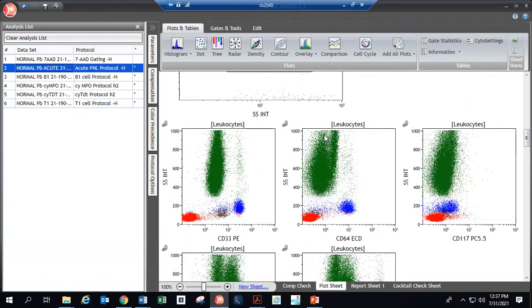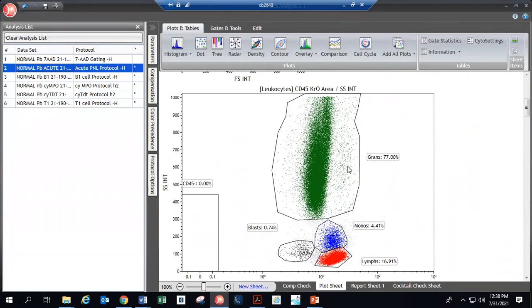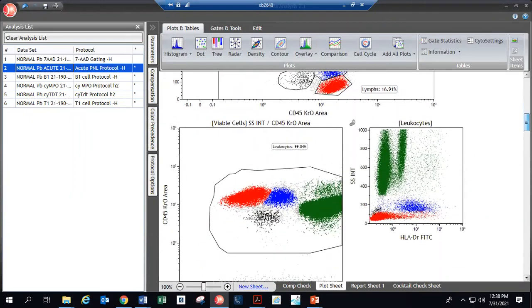But some neutrophils having this kind of variable expression of side scatter is a normal pattern that you see, and you always remember that this is how a normal plot looks. If there are hypogranular neutrophils, they will fall somewhere here, having very low side scatter or negative. Maybe. Okay.